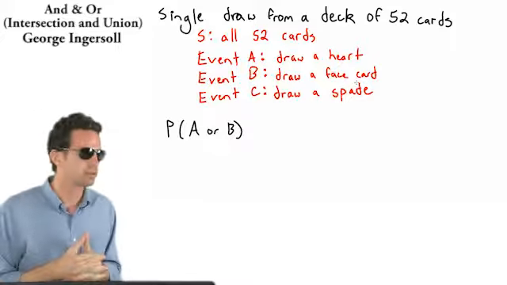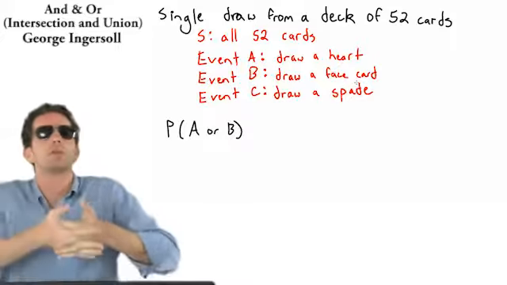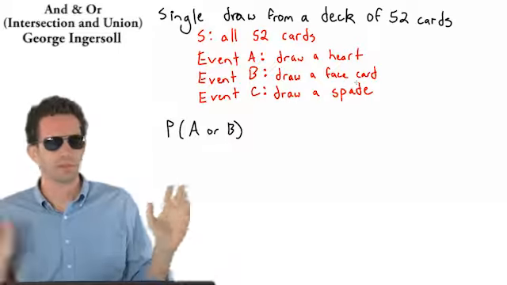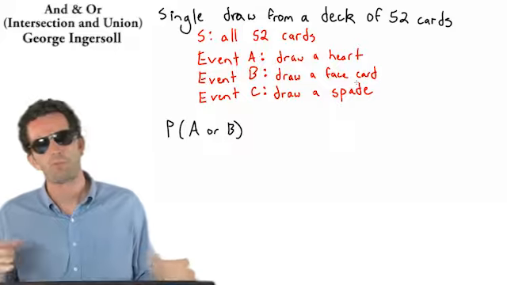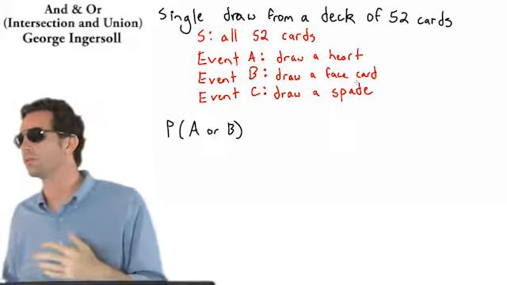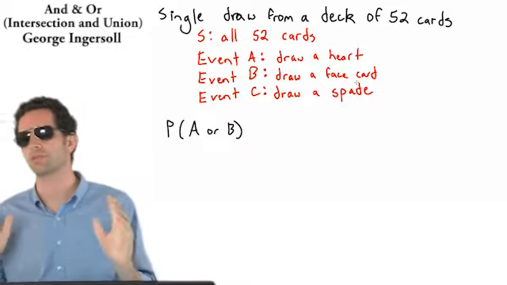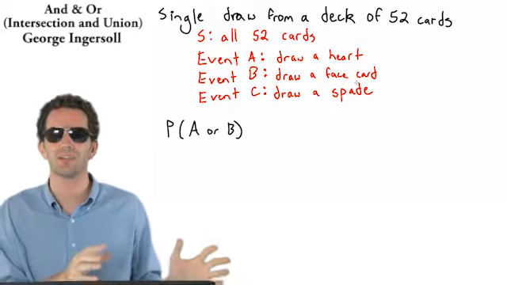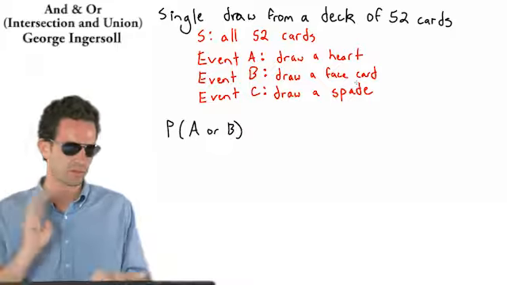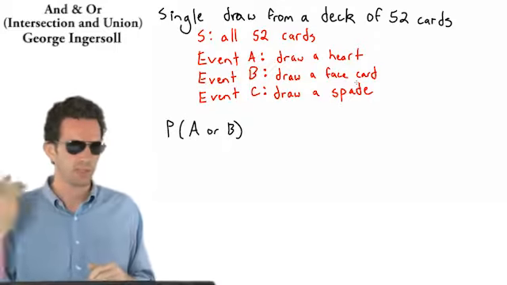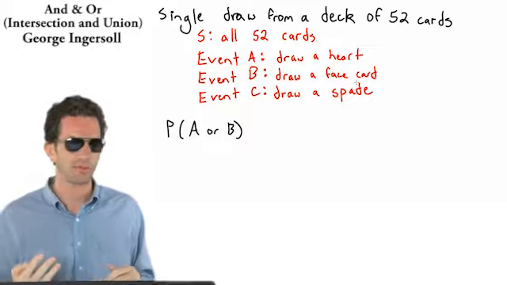And again, let's think about this sort of just common sense. Probability of getting a heart, we know, is 13 out of 52. There's 13 hearts. And now we have some other cards. We can also get a face card. And we've already kind of accounted for some of those face cards because they're already hearts. But there are some other face cards out there. There's a Jack, Queen, King of spades, a Jack, Queen, King of clubs, and a Jack, Queen, King of diamonds.